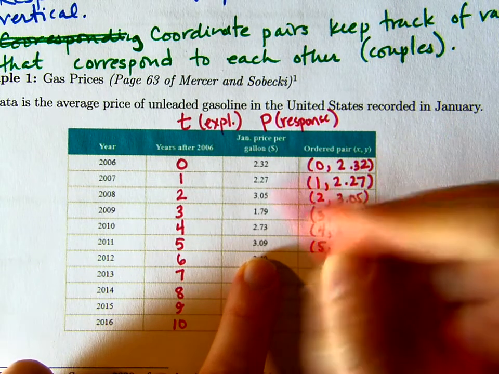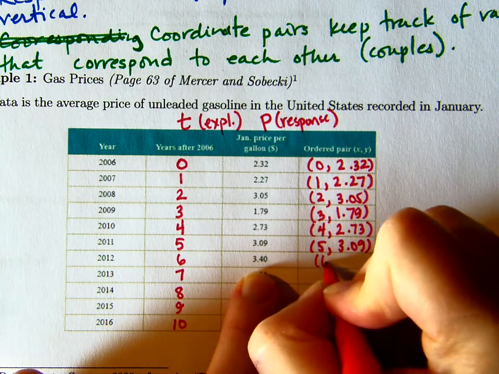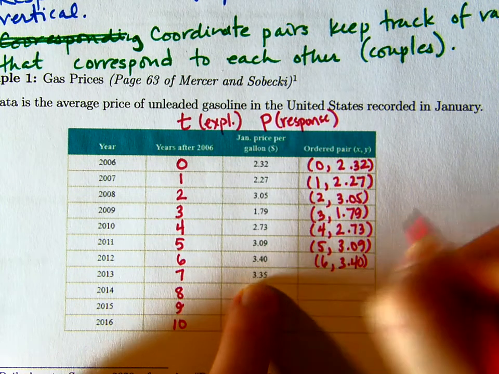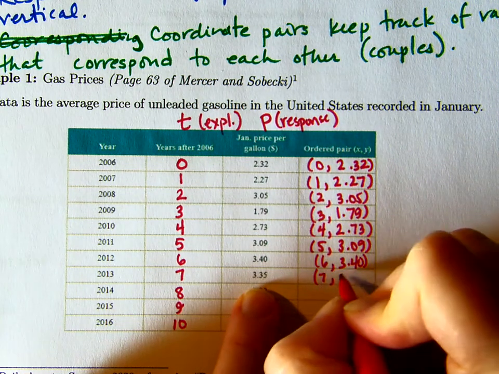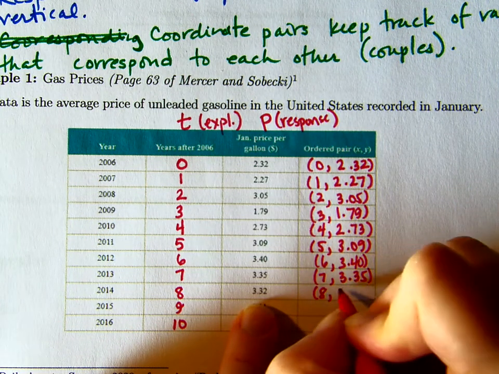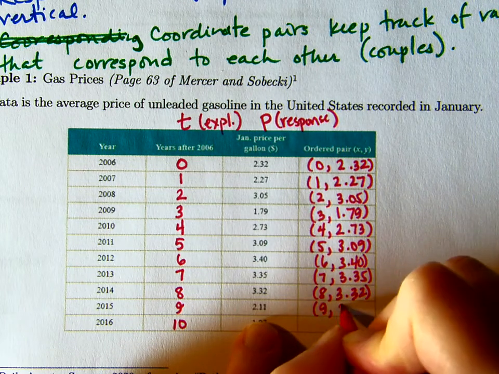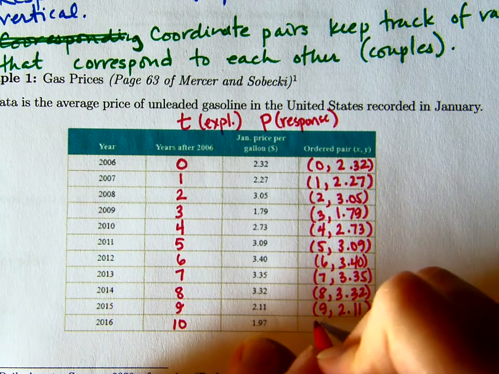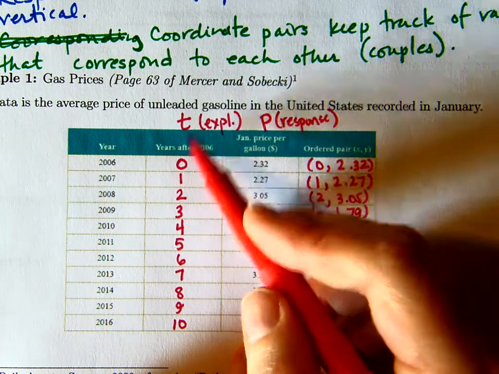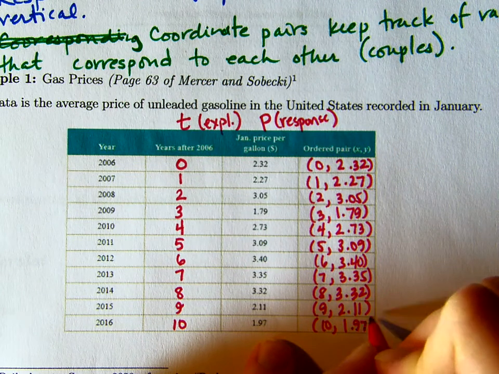Let's see. 5 years later, it's $3.09. 6 years later, it's $3.40. 7 years later, it's $3.35. 8 years later, $3.32. 9 years later, $2.11. And 10 years after 2006, it is $1.97.